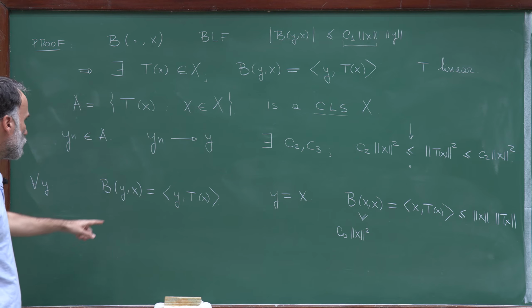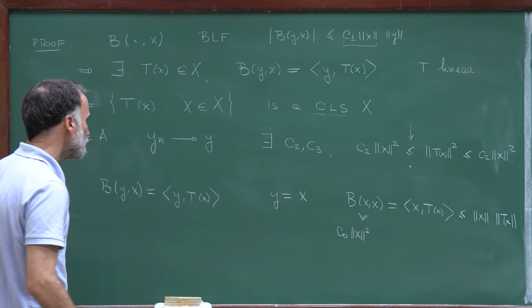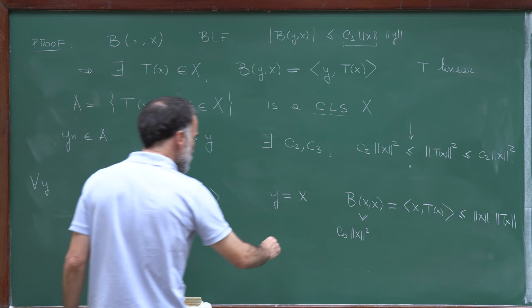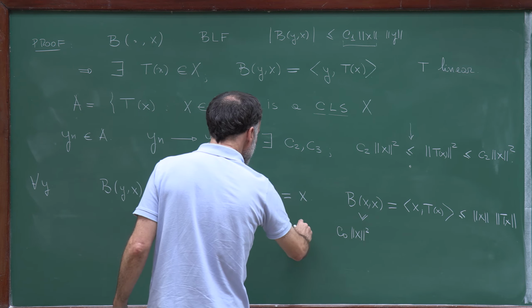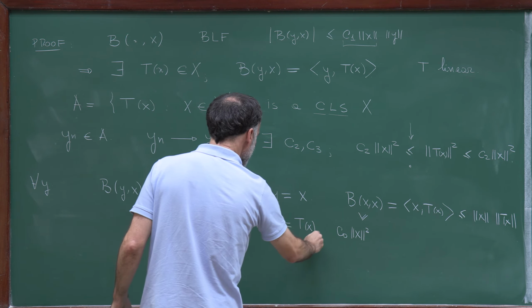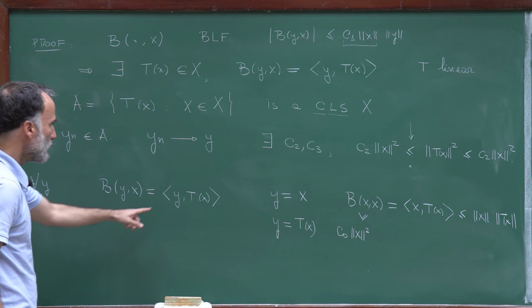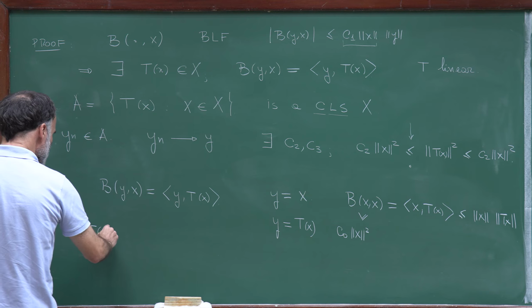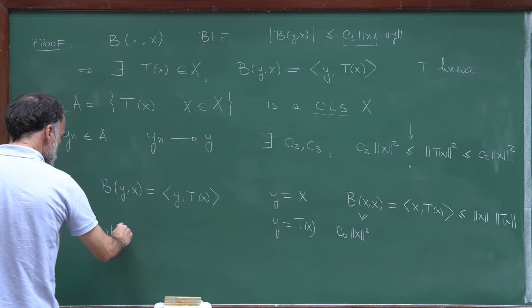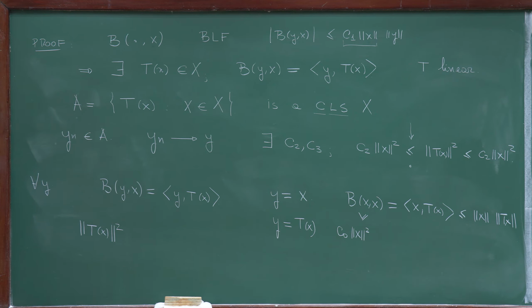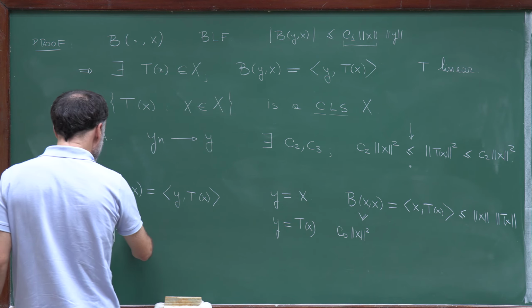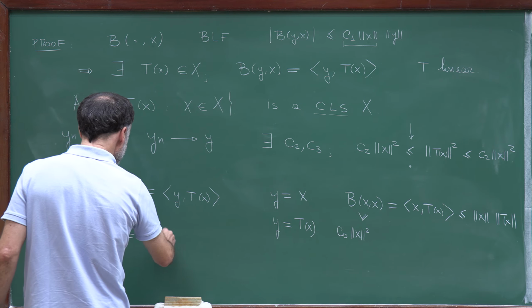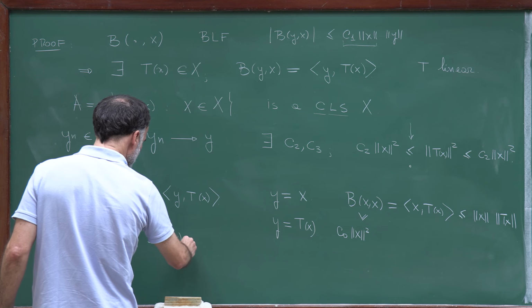Now, if you want to prove the other inequality, let's take y equal to T of x in this identity. And now what we have is that the norm of T of x squared, which is the right-hand side, is equal to B(Tx, x).